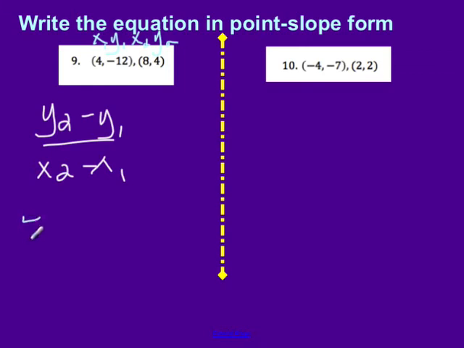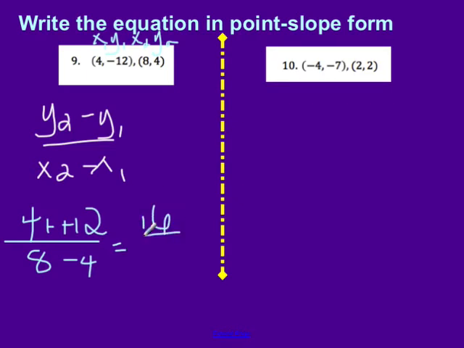So I have y2 minus y1. Remember, 2 negatives become a positive, divided by x2 minus x1. Well, 4 plus 12 is going to give me 16. And then 16 divided by 8 minus 4, which is 4. Well, 16 divided by 4 is 4. So now I know my slope.